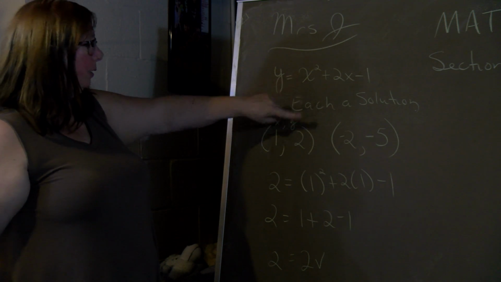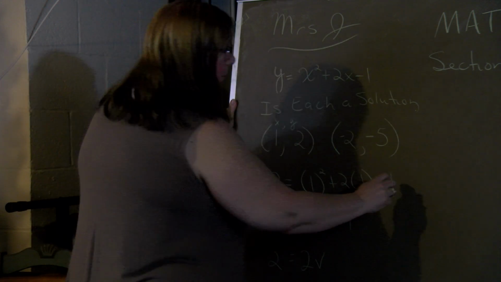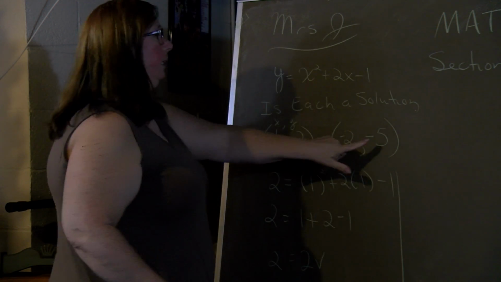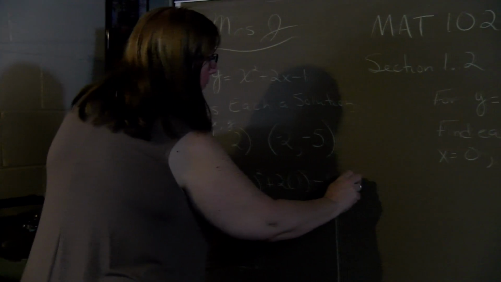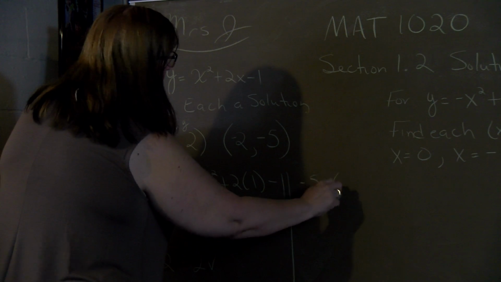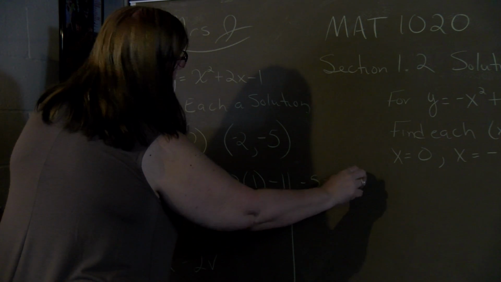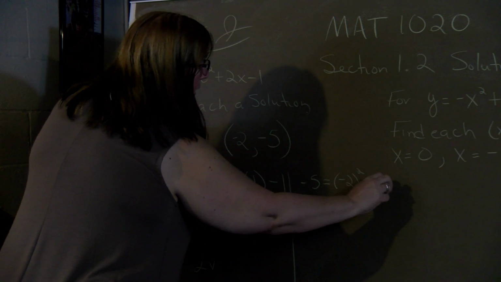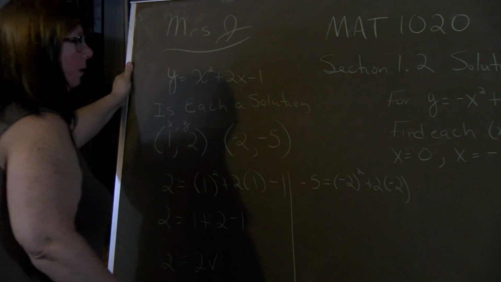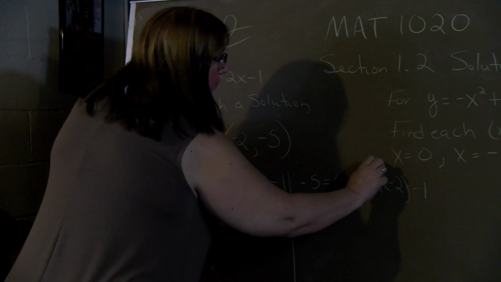Now to check the next one, we do the same thing, we plug it in. So we're plugging in negative 5 equals negative 2 squared plus 2 times a negative 2 minus 1.